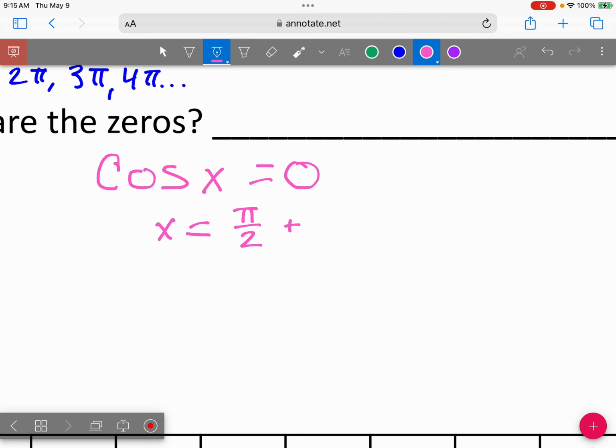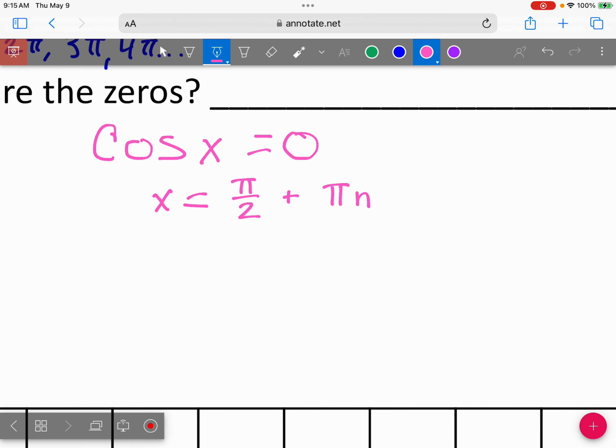Halfway, which means it repeats every pi value, because it hits 0 twice. It'll hit +1 once, -1 once, and it hits 0 twice. So our 2 theta is what really equals our pi over 2 plus pi n.